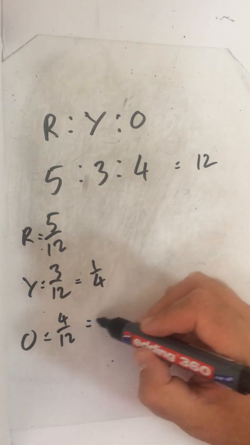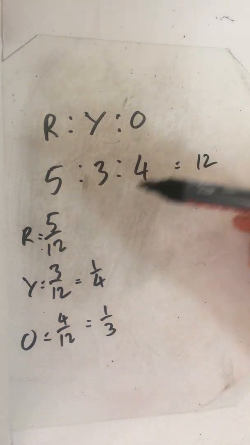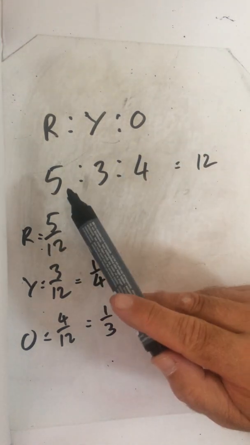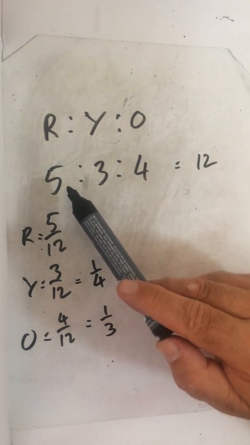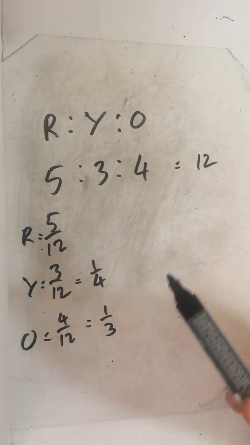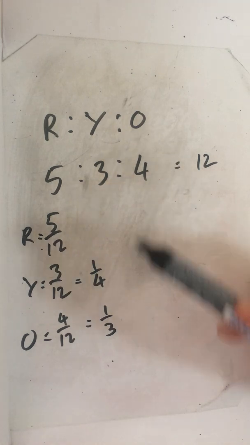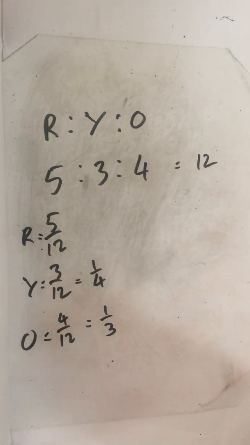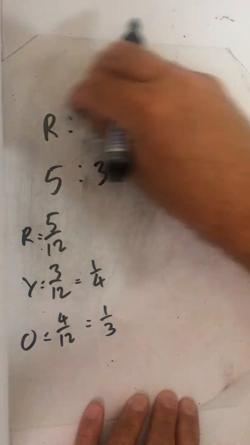Yes, 4 goes into both, 1/3. So the proportion of red Smarties is 5/12. The proportion of yellow Smarties is 1/4, and the proportion of orange Smarties is 1/3.